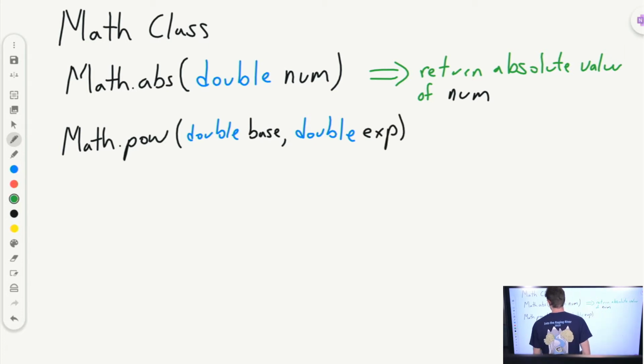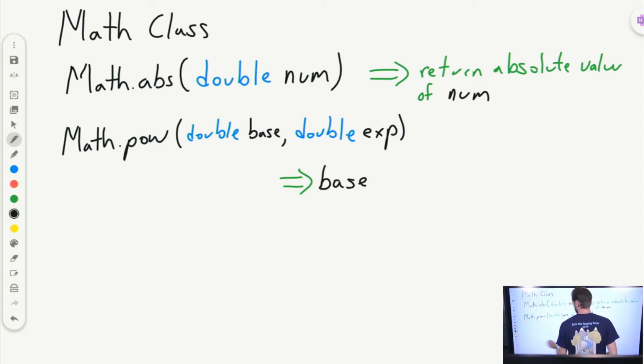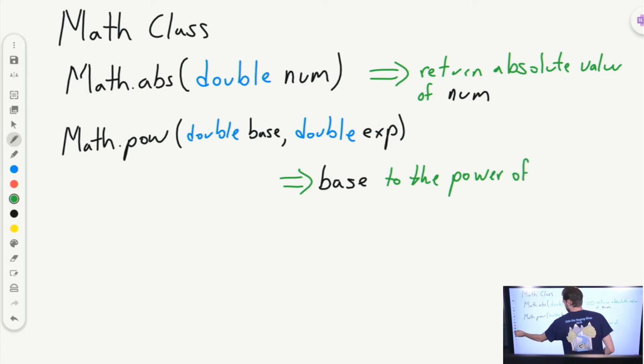This will return for us the base to the power of the exponent. You can also put integers in here, no problem. It will work just like absolute value does.